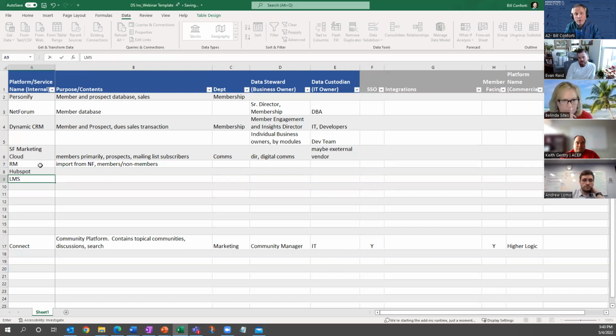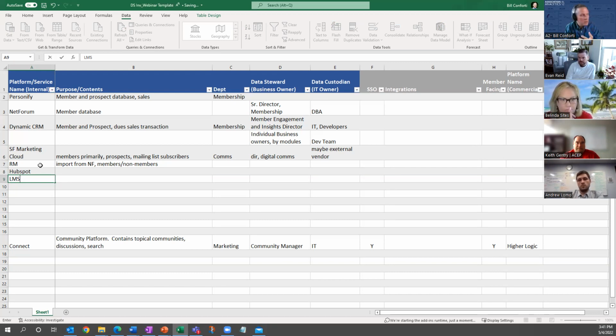Does any of that matter for ownership? You have a learning or an education department, and you have someone within that department that owns your LMS and that data. Is that how it works? Anyone have it work differently than that? That's how we are structured.